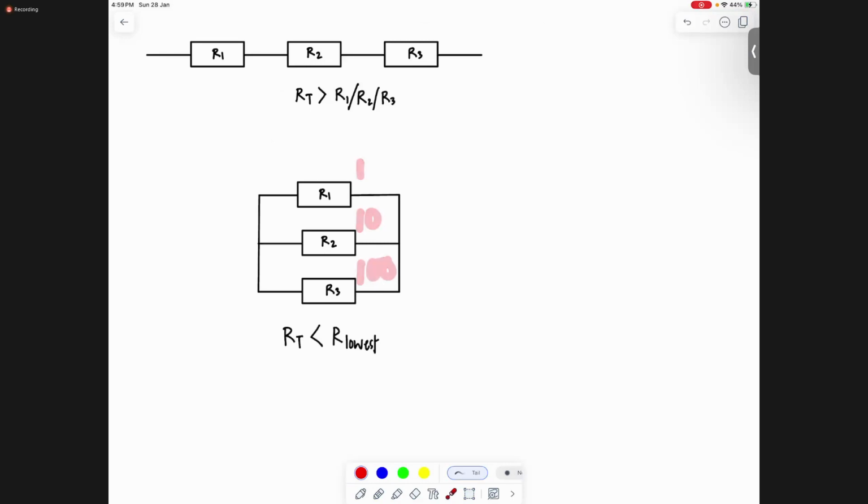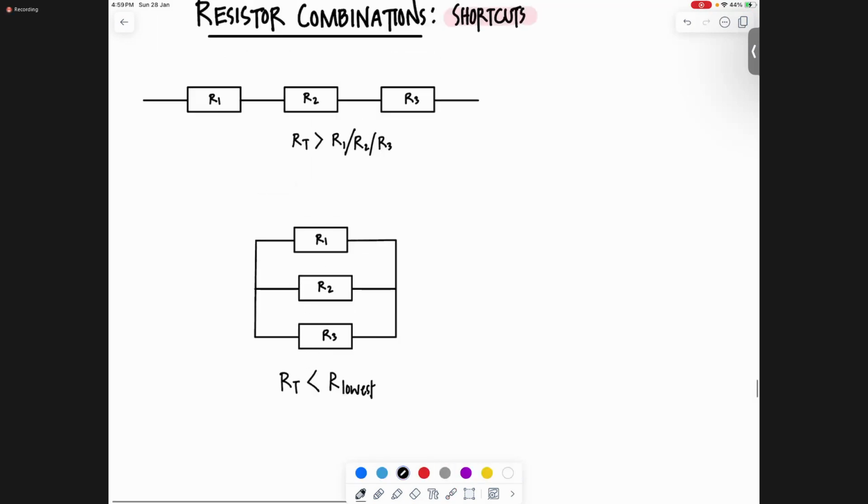Okay, so why am I saying this? It's very easy to imagine that when you keep adding resistors, what happens to your combination, in order to explain other behavior. So we understand that adding R in series increases our total.